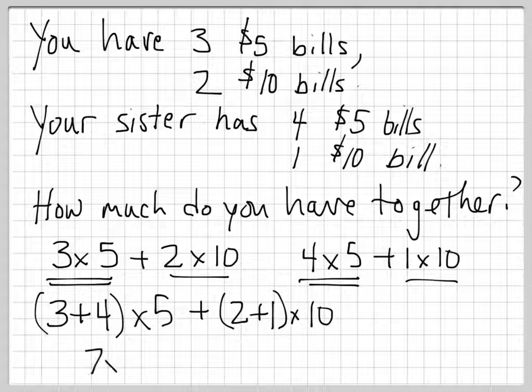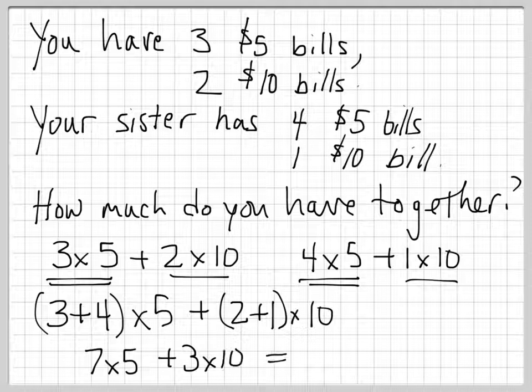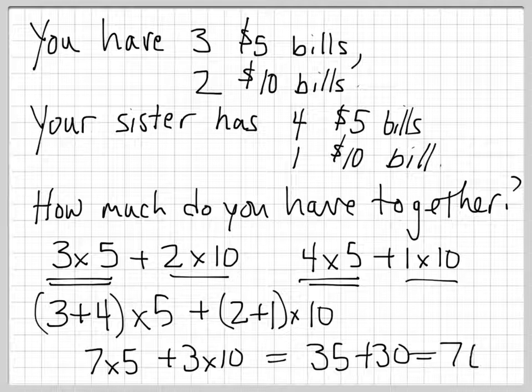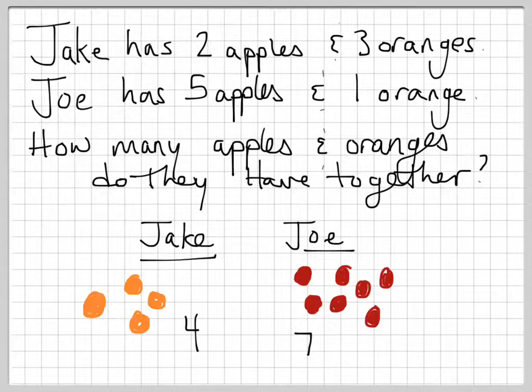And so you have 7 $5 bills and 3 $10 bills, which is 35 plus 30, which is $75, right? And so you can think of the $5 bills and the $10 bills just like the apples and the oranges in our previous example. What you want to do is pile like things together and count them before doing anything with them.